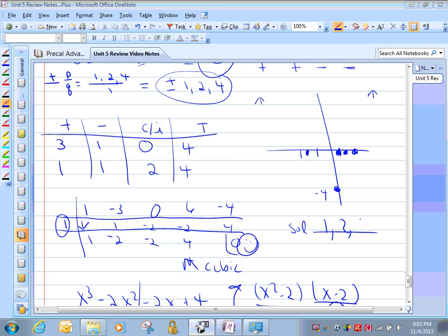So the other zeros here are positive or negative square root of 2. So there's 4 solutions. We knew there were 4. We have 3 positive, and we have 1 negative, which is the negative square root of 2.